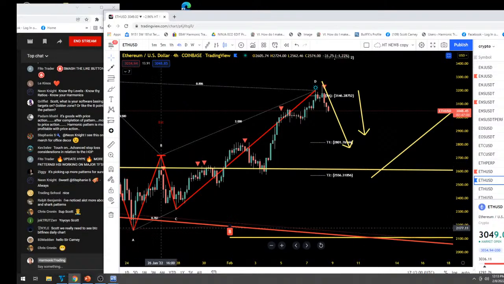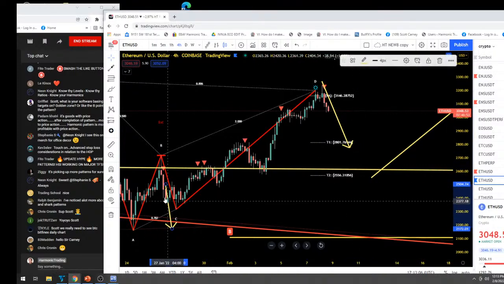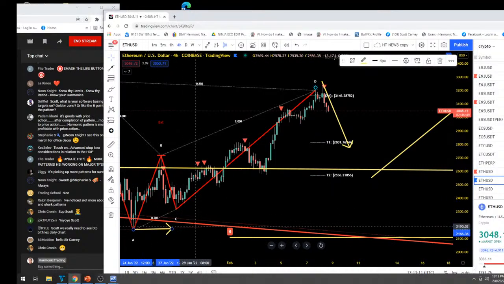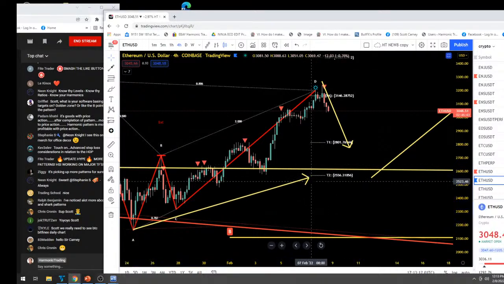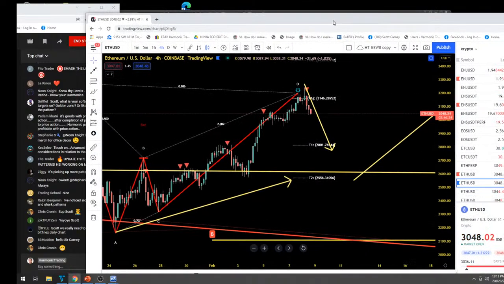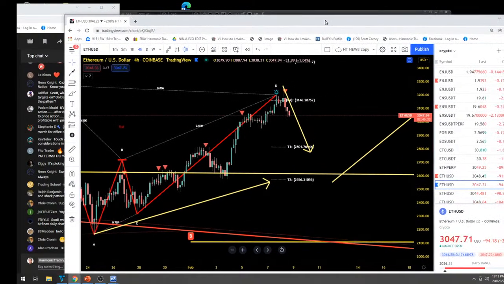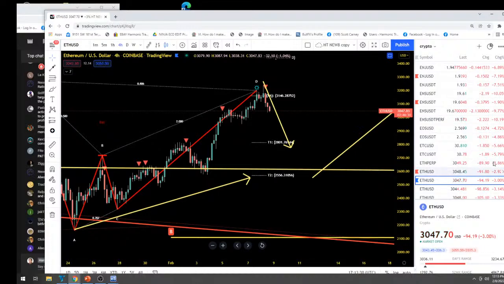Yeah, 382 A to D at target 1, and then target 2 is a 618. Now, I've got some optimization on the targets that's going to come in pretty soon that should give us a better risk reward. So I will absolutely update that, where it might be more than the 382, but there's a reason why.